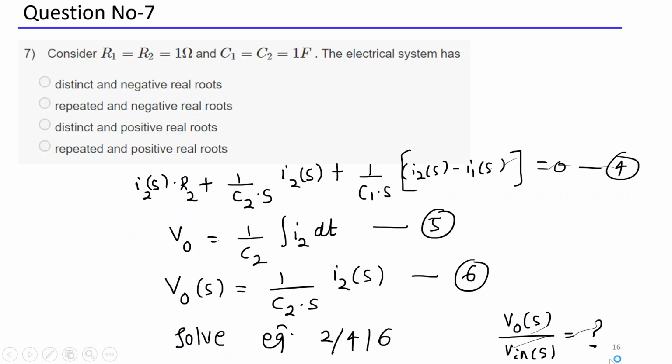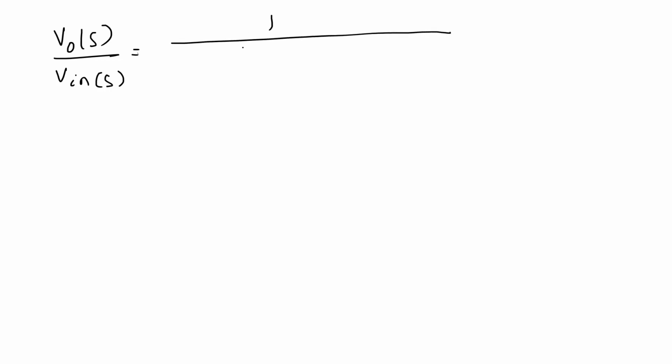So now I am writing the final equation. Now that final equation you have to memorize or you have to keep it in a note somewhere. So V naught S divided by V in S is nothing but 1 divided by the second order equation, right?